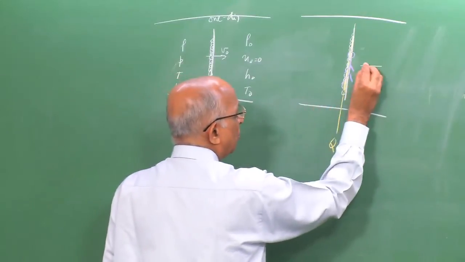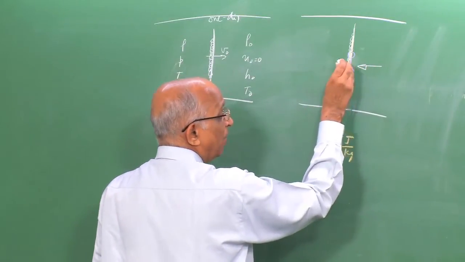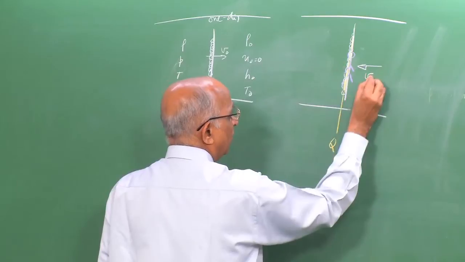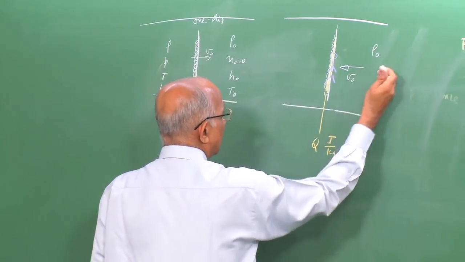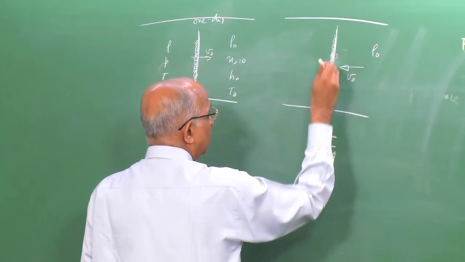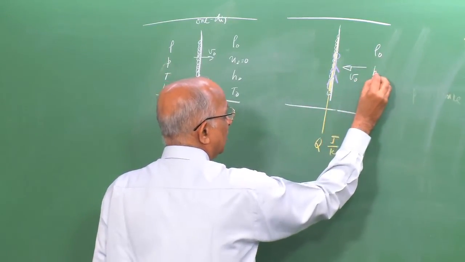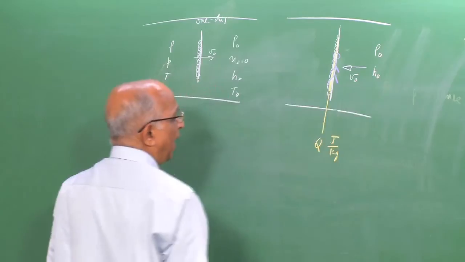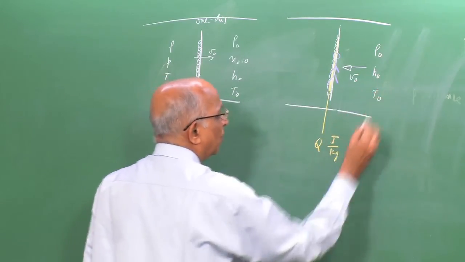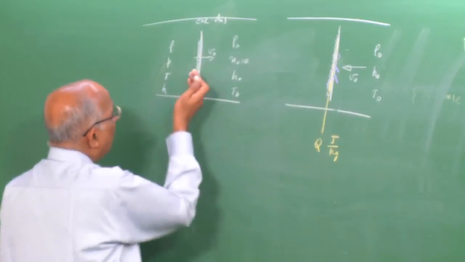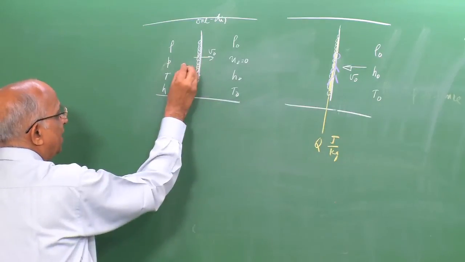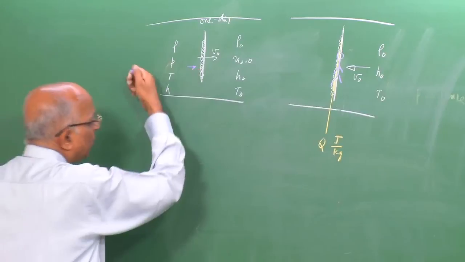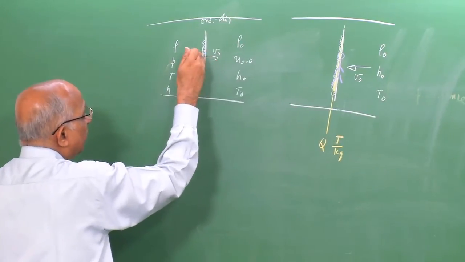Therefore, what is going to happen? The gases approach me, because my frame of reference is the detonation, with a velocity v0. Here the density is rho 0, approaching me with a velocity v0, this being my frame of reference. It is with an enthalpy h0, and let us say the temperature is T0. When the detonation wave is propagating, it is dragging the fluid with a velocity because it is moving, it is creating some velocity here.